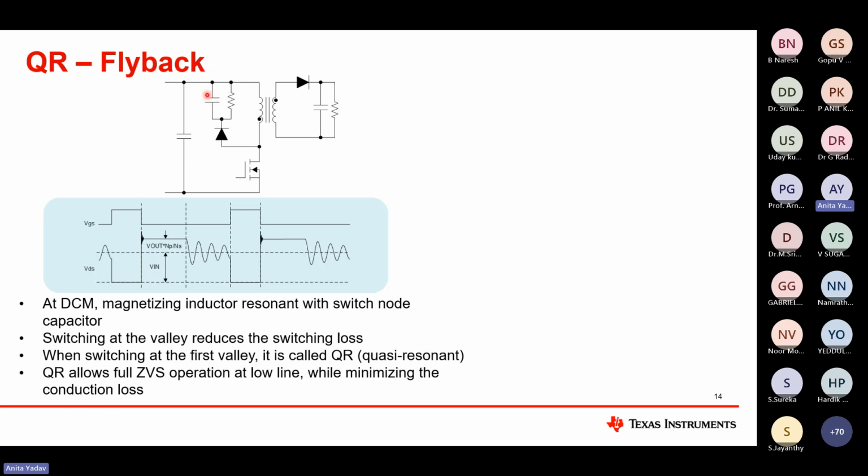Here we can see two types of ringing. First is this one, second is this one. This ringing generally comes from the leakage inductance as well as the switch node caps. Leakage inductance in a flyback generally needs to be 3% of the magnetizing inductance.